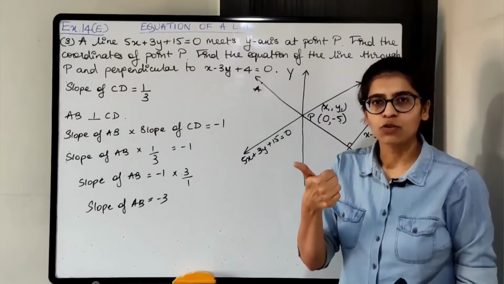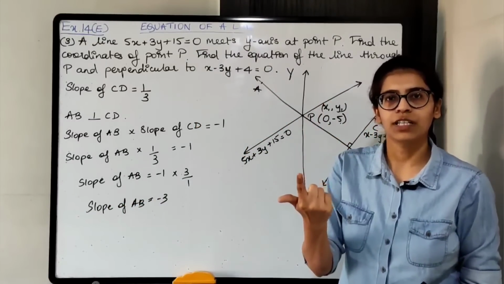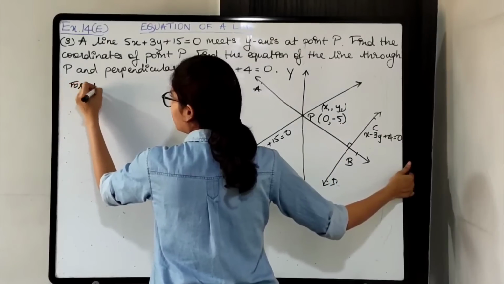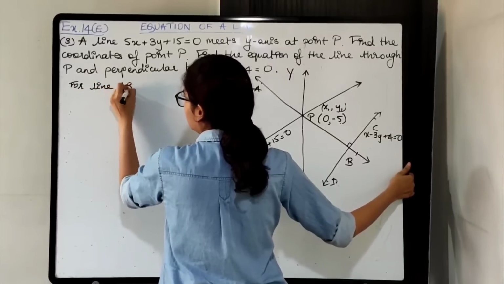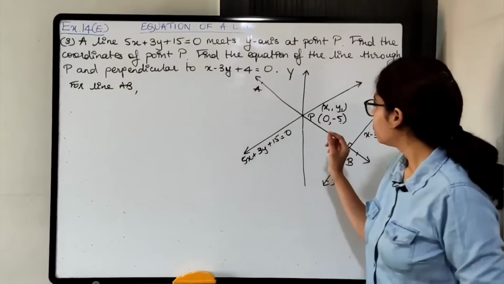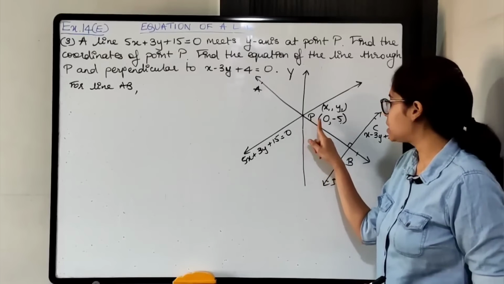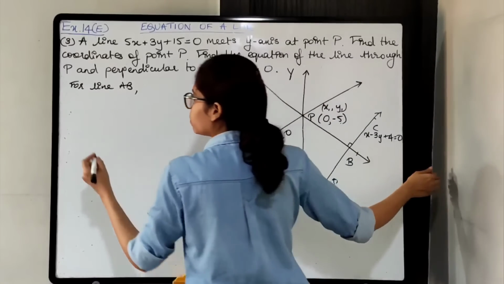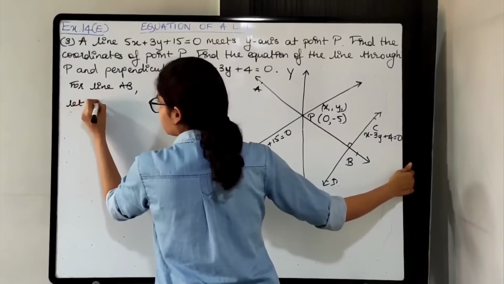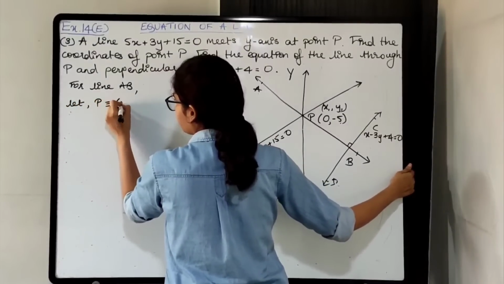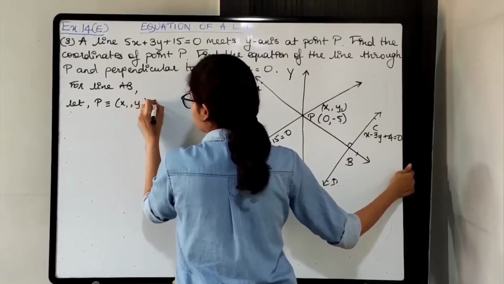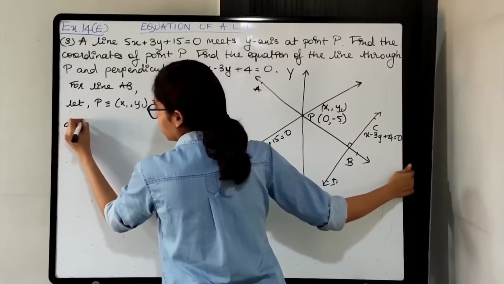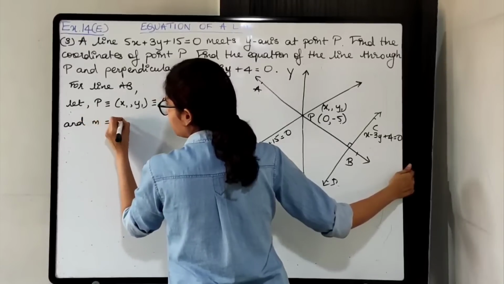Now we have the slope, we have the coordinates of point P, so we'll easily get the equation of AB. So for line AB, we have the coordinates of P, it is 0, -5. This we'll take as x1, y1. So write down, let P be x1, y1, which is 0, -5, and m we just found, it is -3.